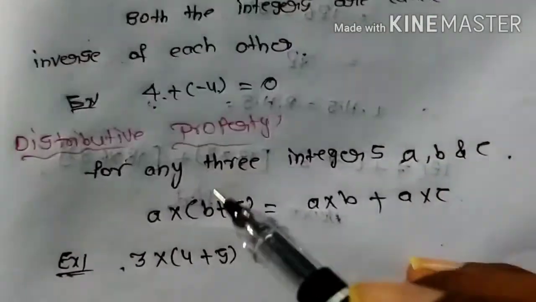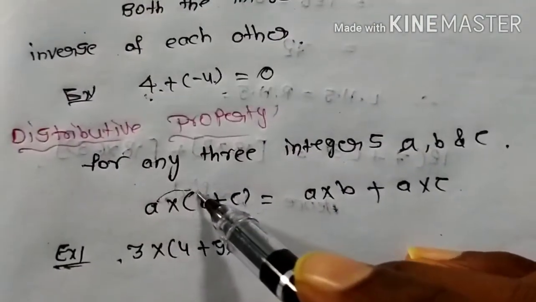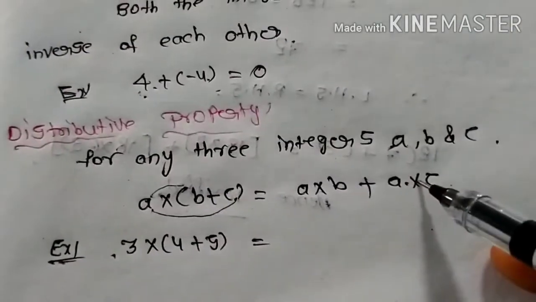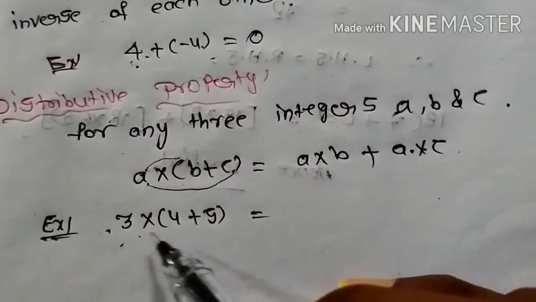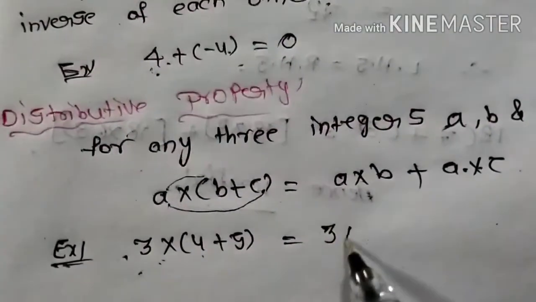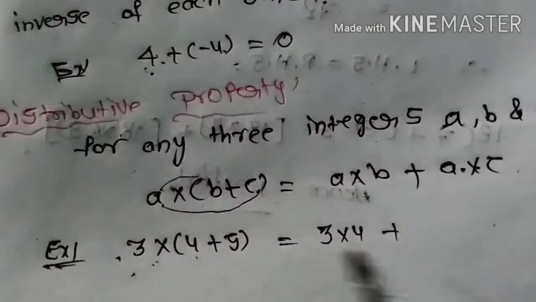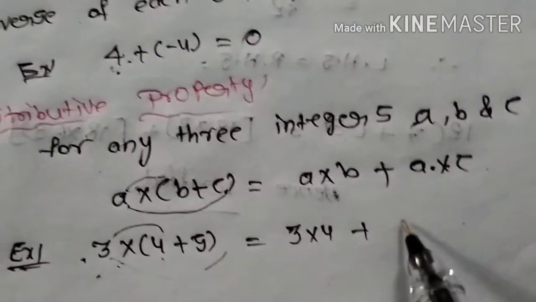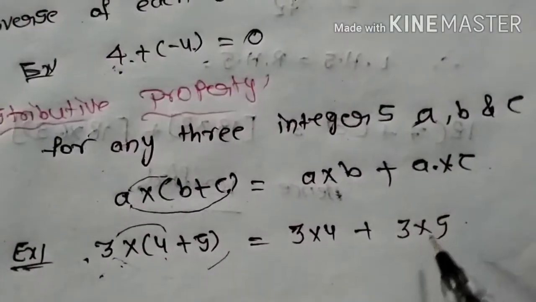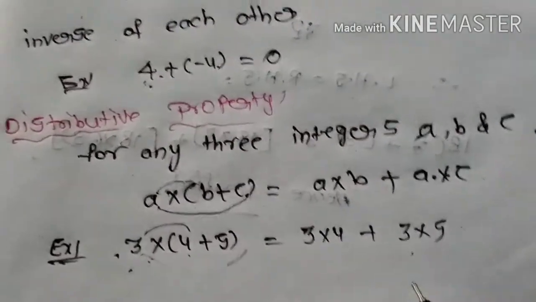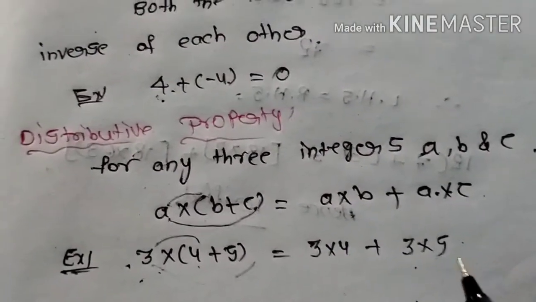That means first you can do a into b, next you can do plus a into c. Yes or no? How can you represent 3 into 4 plus 5? Just you can see here, 3 into 4 plus 3 into 5. This is your distributive property. You need not do the solution now, but you can express it as a into b plus a into c.